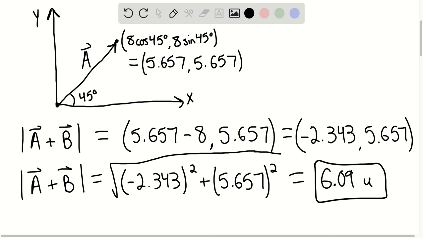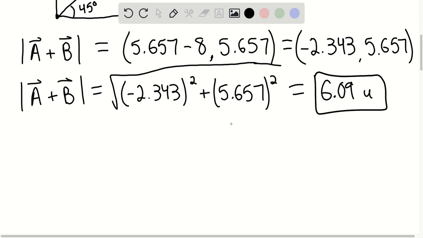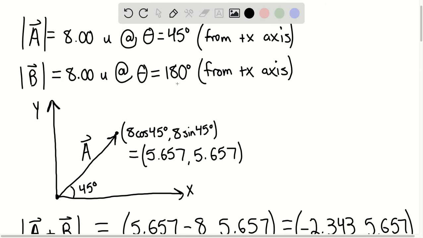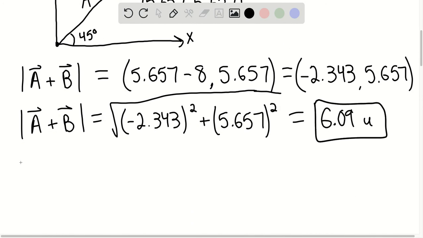To find the magnitude of the difference, essentially, vector B is directly along the negative x-axis. So to find the magnitude of vector A minus vector B, when we're subtracting vector B, we're actually moving in the positive x direction.